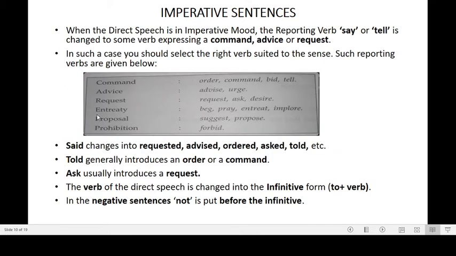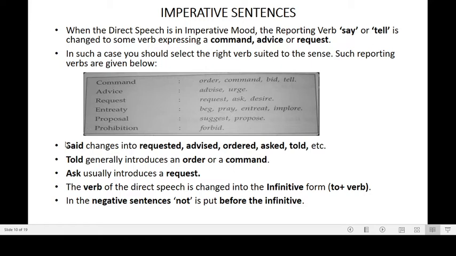When the direct speech is an imperative sentence, the reporting verb "say" or "tell" is changed to some verb expressing a command, advice or request. Here you should see, in the assertive sentence we used "said that" or "told that". And in the interrogative sentence we used the reporting verb "asked".